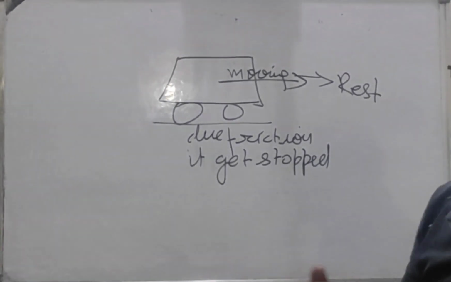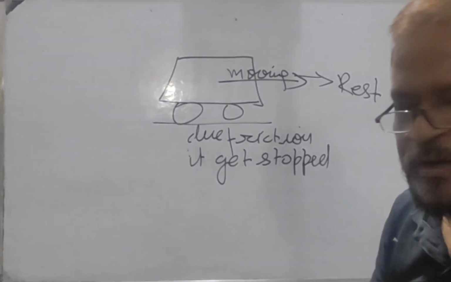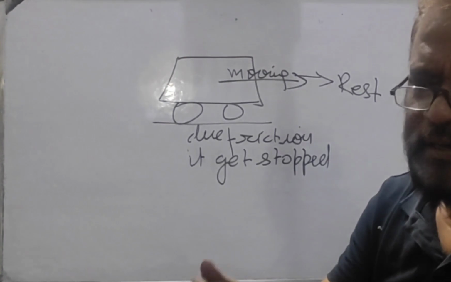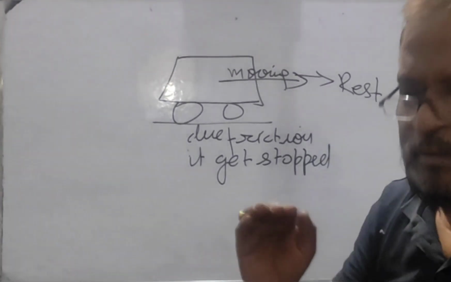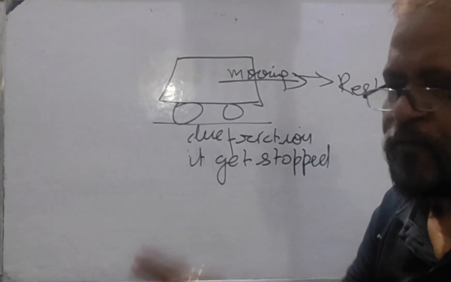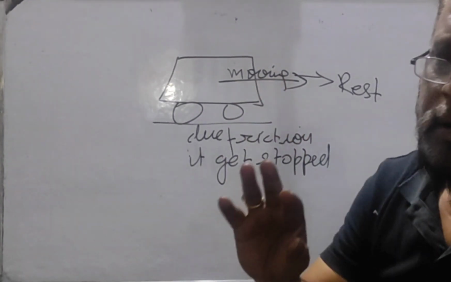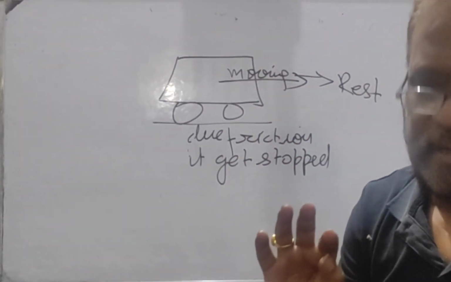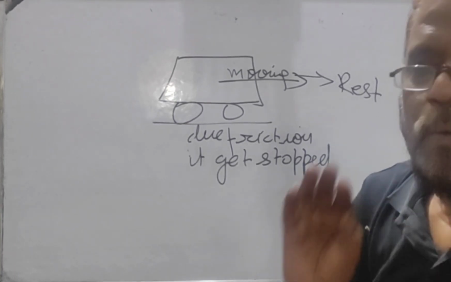When you are moving with your bicycle, after some time, when you come home from school and touch the wheel of your bicycle, you see it gets heated. Why does it get heated?